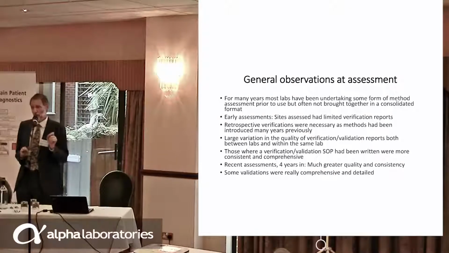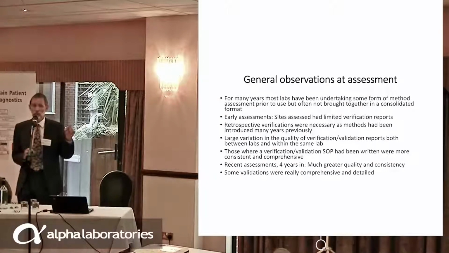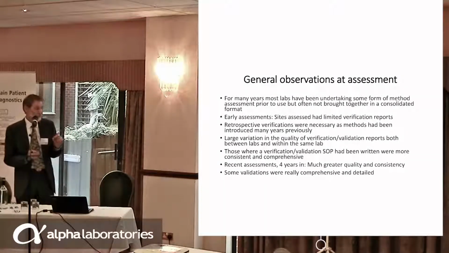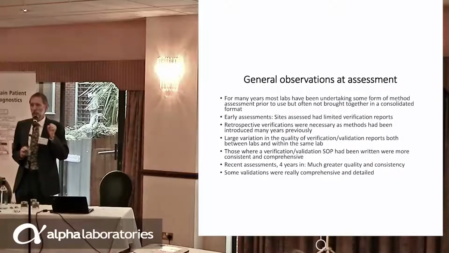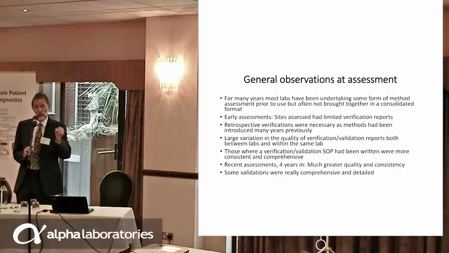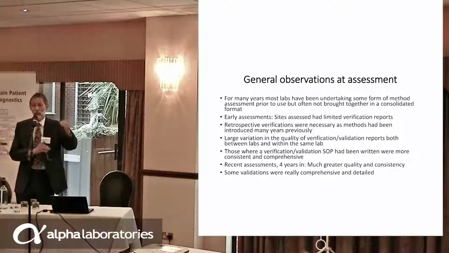That variation that I've seen in laboratories has changed from the early UKAS assessments I've done to the more recent ones. And some of the data is very comprehensive. I think there's a general point that if you have, and I hope most people now have, an SOP that says, if we need to do a verification or validation, here is how we do it in our laboratory, that guides you as somebody working in the lab.